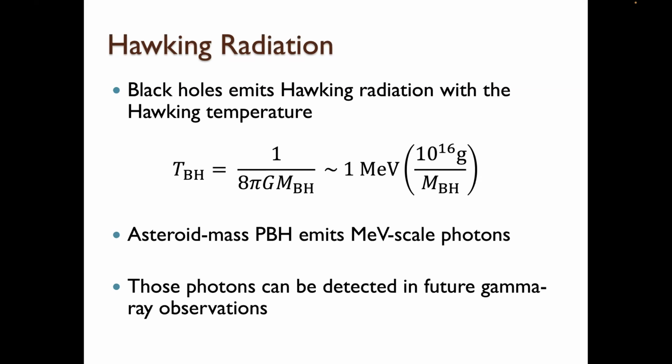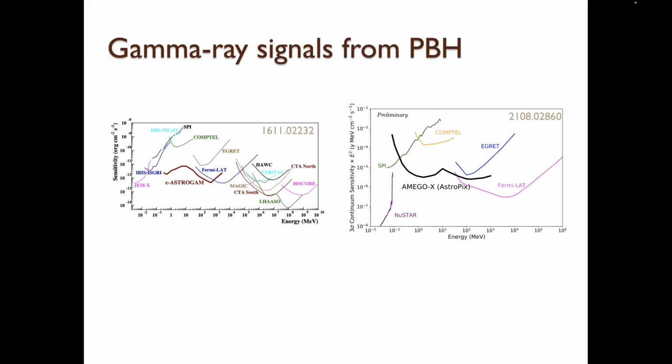This Hawking temperature for an asteroid mass size black hole corresponds to around MeV. So asteroid mass black holes emit MeV scale photons, and these photons can be detected in future gamma ray telescopes, such as e-ASTROGAM or AMEGO. This line is for the sensitivities for e-ASTROGAM, and here is for AMEGO.